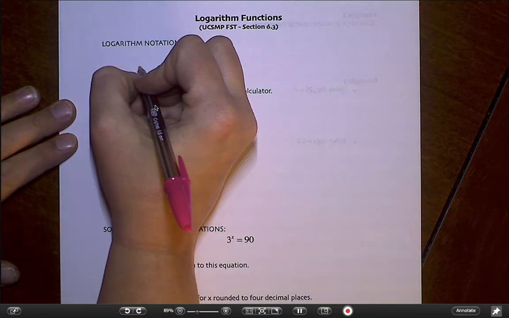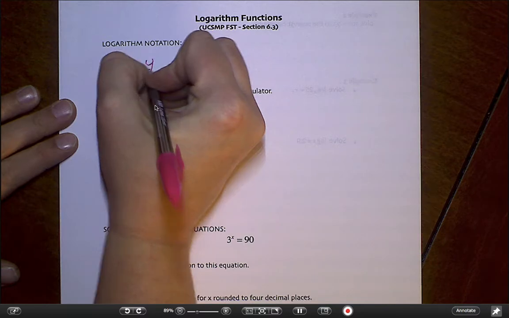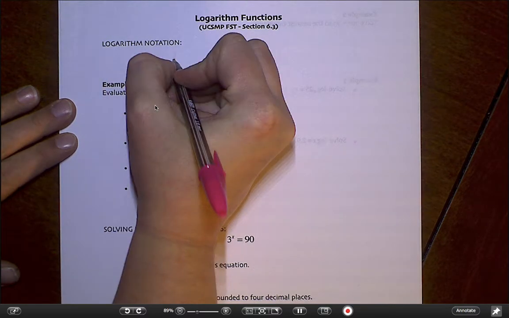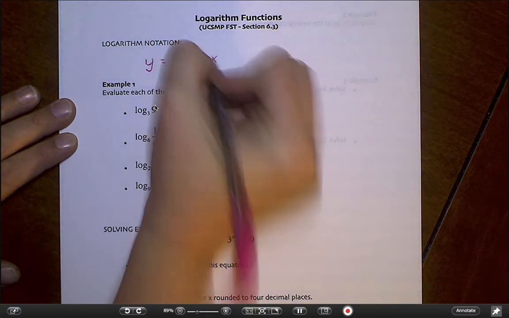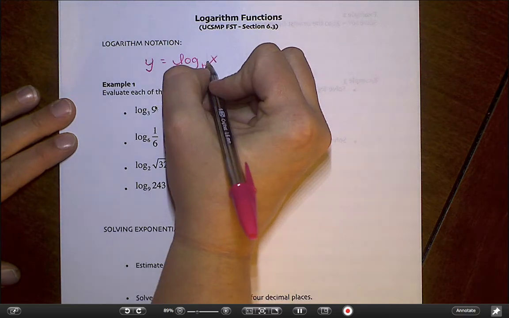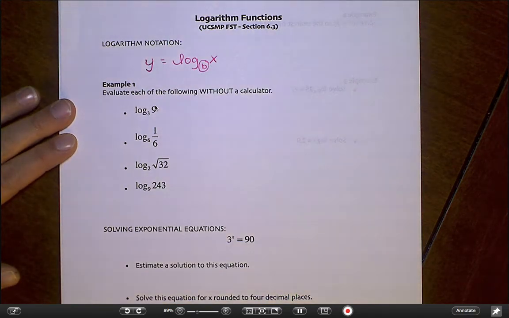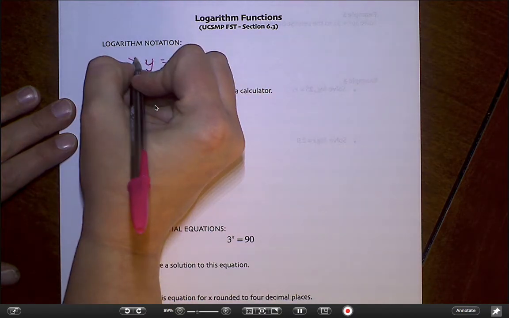Logs are really a rewritten version of an exponent. So when I write this down, y equals log base b of x, let's say. What we're really saying is this is the base of an exponential function, and this here is the exponent.